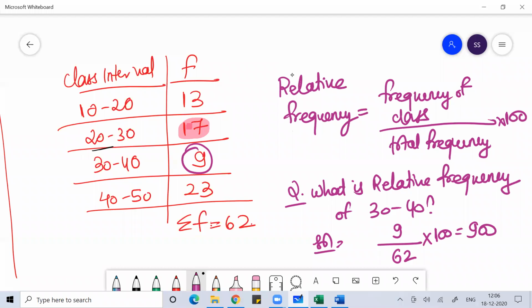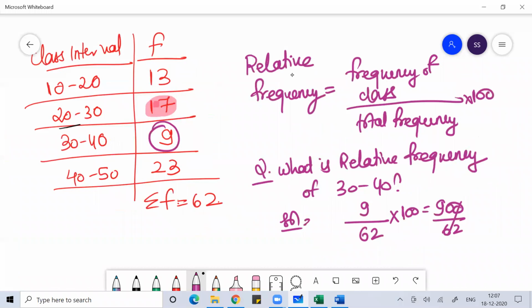This would be 900 by 62, which is 450 by 31. So it will be 14.5 something. That is the relative frequency of 30 to 40.